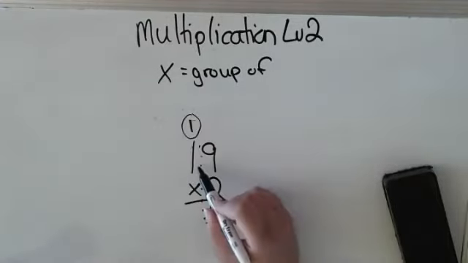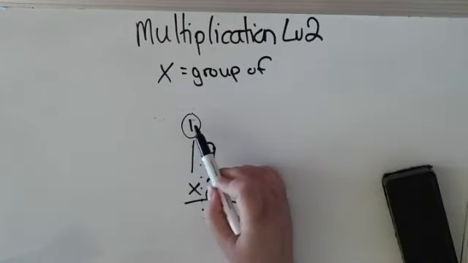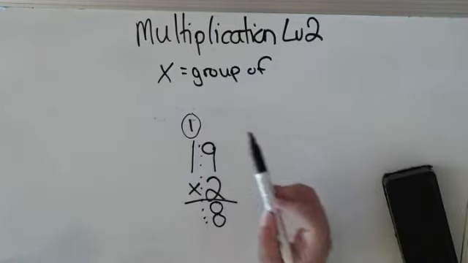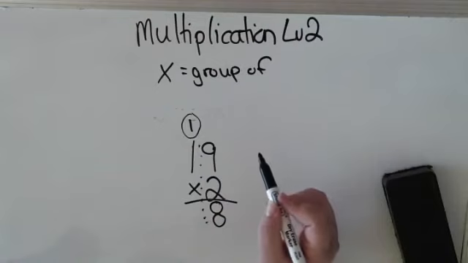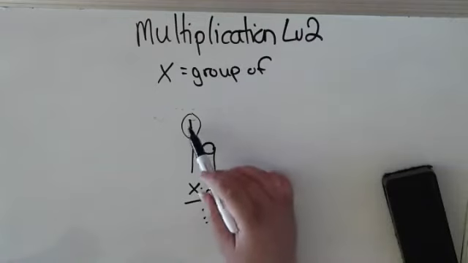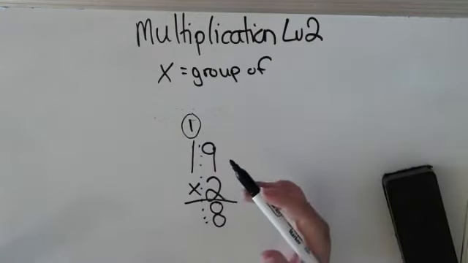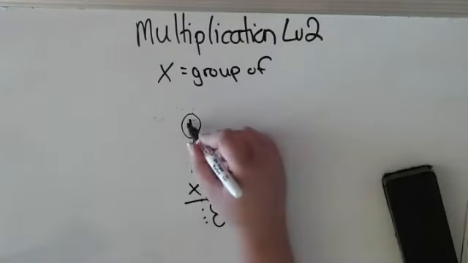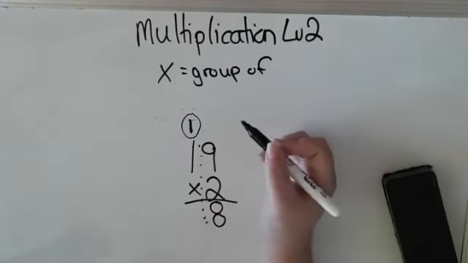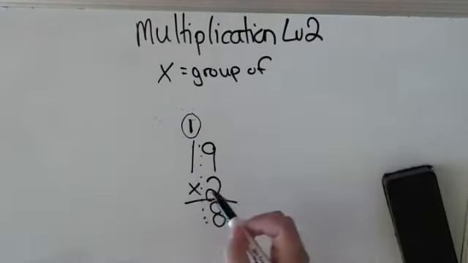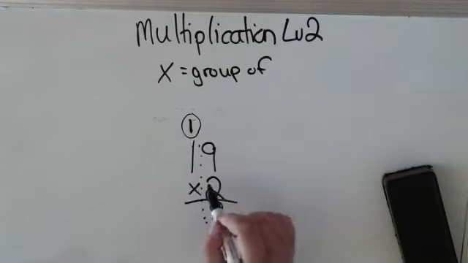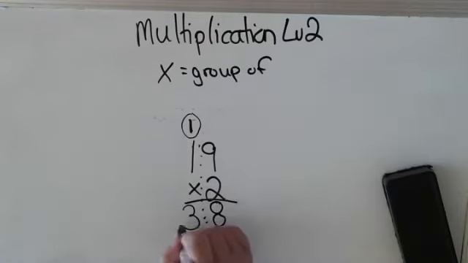So 2 times 10 is 20, plus 1 is 3. Because again, this is not a 1, sorry, it's a 10. So 20 plus 10 is 30. Because that's what this is. This is 10. So 20 plus 10 is 30, or 2 plus 1 is 3. So we're doing 38.